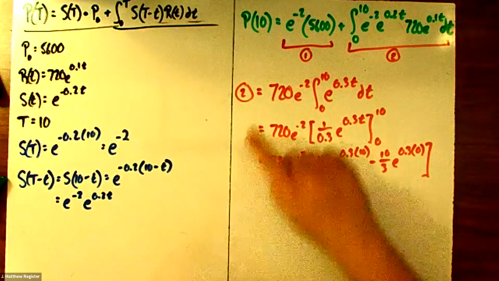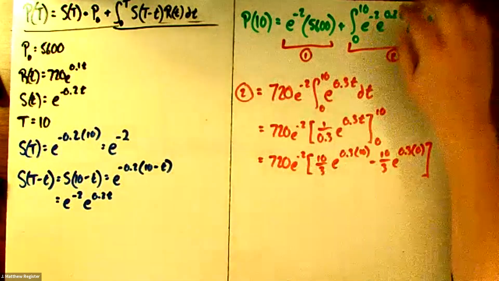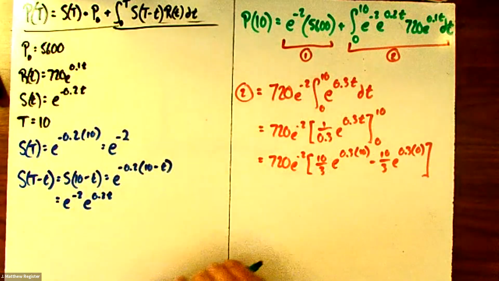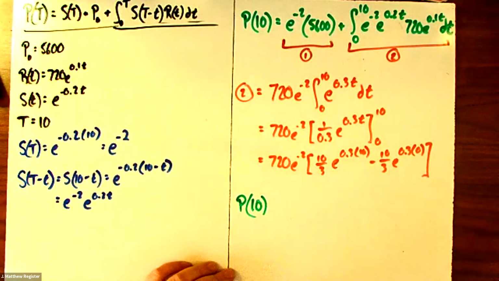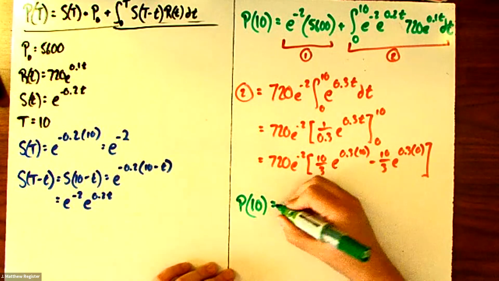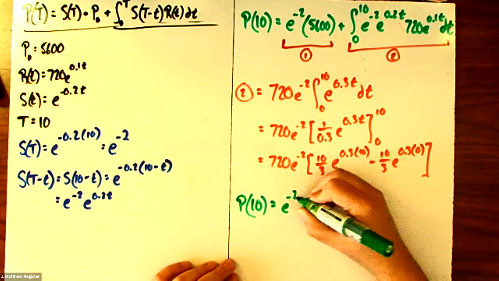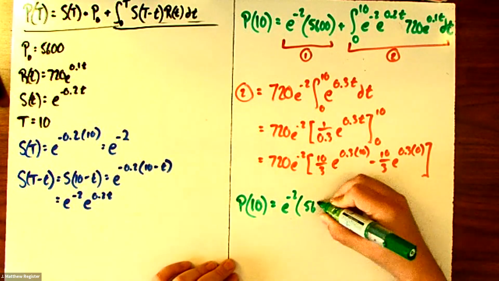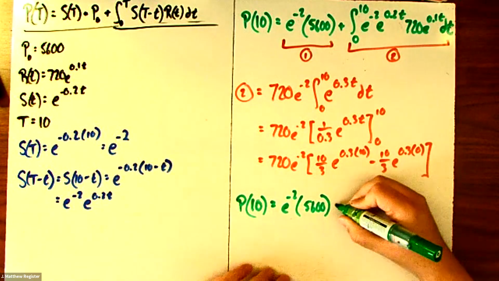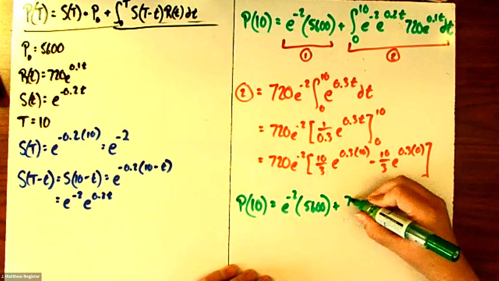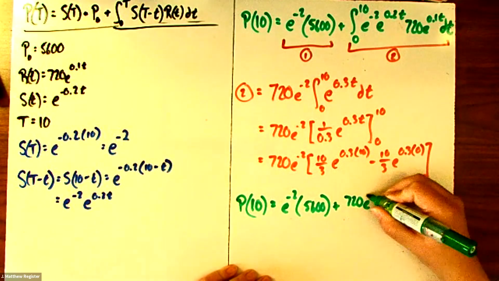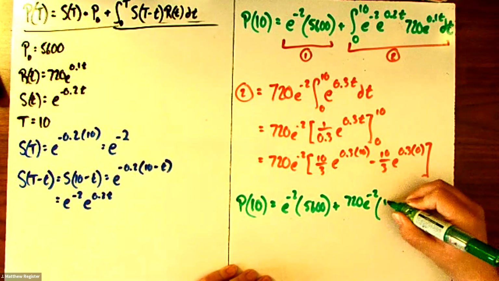And so let's see if we can bring everything back together. And so we will get P of 10, the fish population in 10 years, is equal to e to the negative 2 times 5,600 plus 720 e to the negative 2 times 10 thirds.